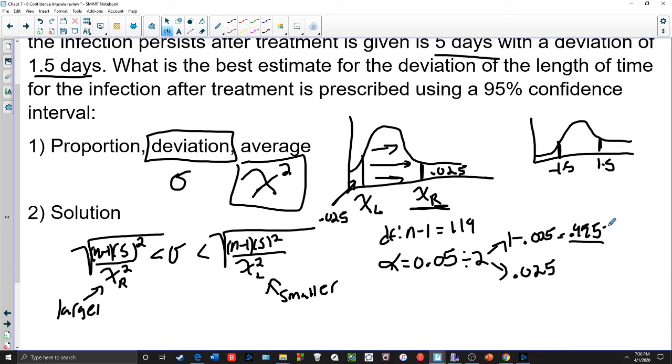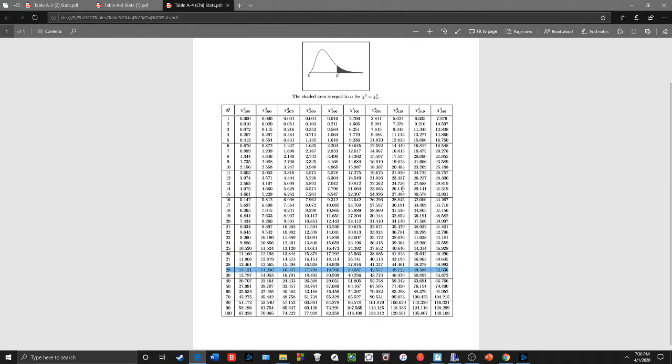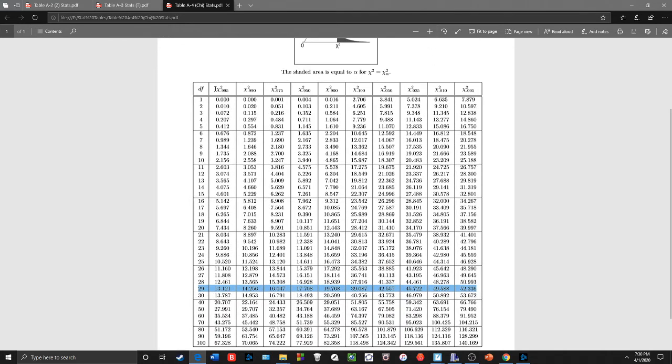So let me show you what a chi-square table looks like. The one in your book's a little bit different, but it's still much the same. It's this little chart here. Let me zoom in a little bit. So up here, you have your alphas essentially, or your probabilities that we just figured out. So here you see 0.025 for this column and 0.975 for this column.